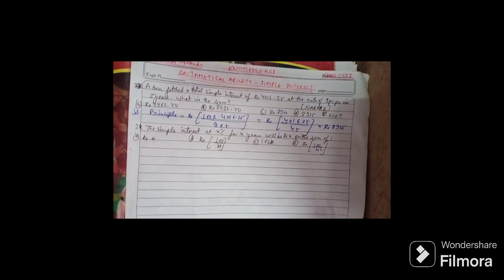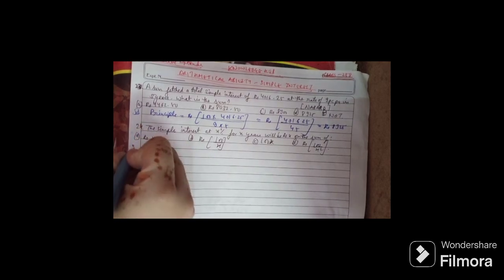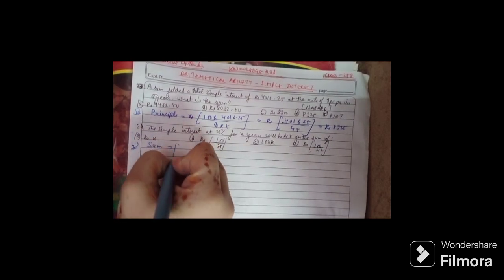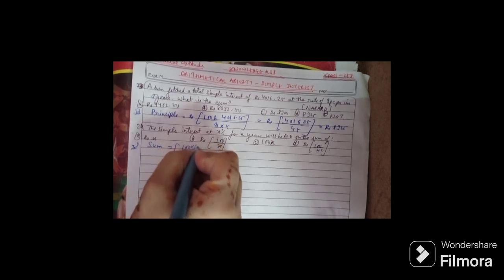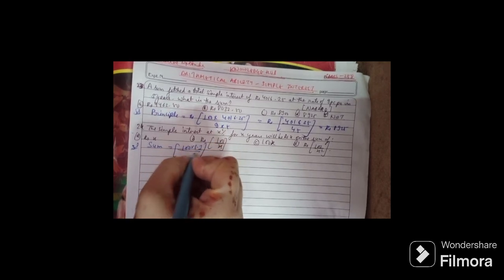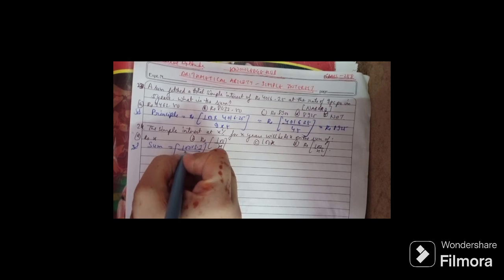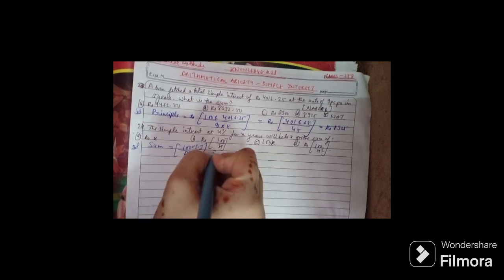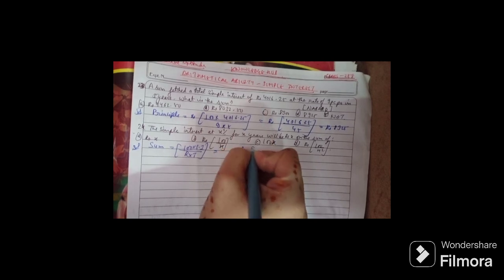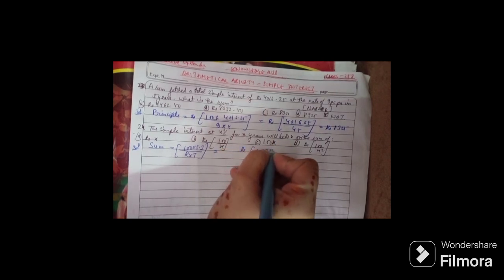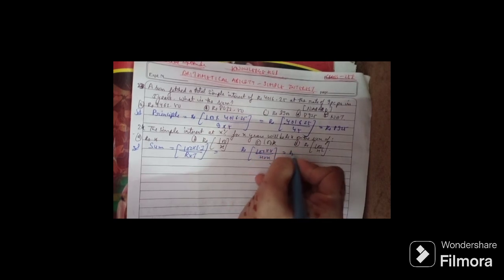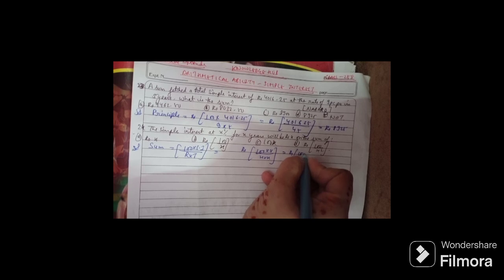That we have sum equals 100 into SI upon R into T, equals rupees 100 into x upon x into x, equals rupees 100 upon x.